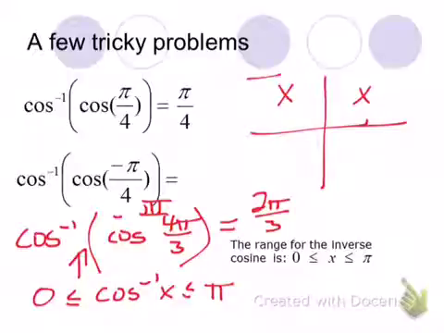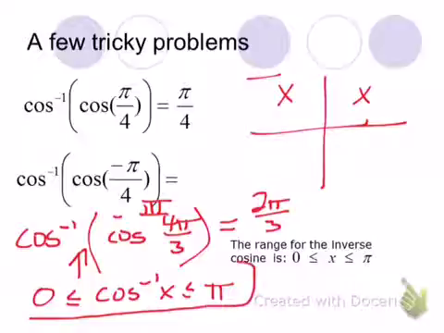Yes? Why wouldn't that be negative 2 pi over 3? Because negative 2 pi over 3 is not between 0 and pi. 4 pi over 3 is negative 2 pi over 3 for all practical intents and purposes, but we're restricting the inverse cosine to the first or second quadrant.